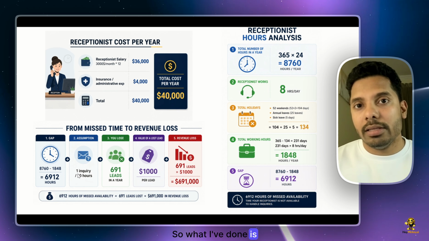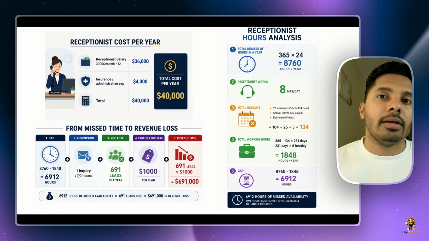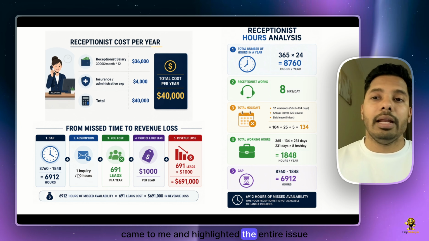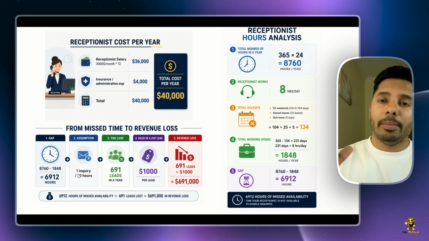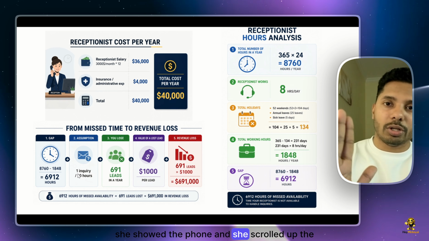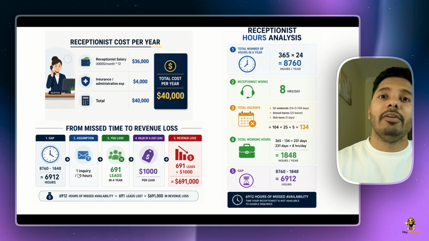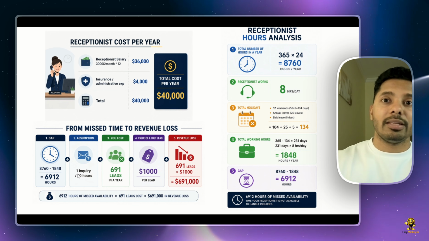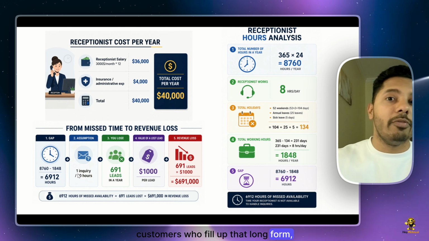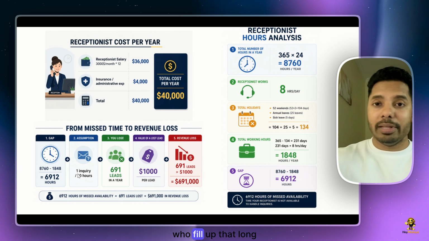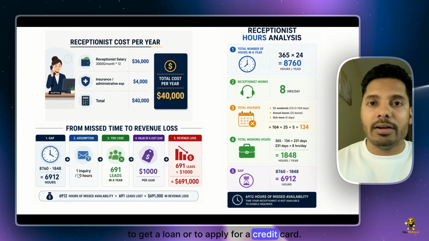So, what I've done is, recently one of the marketing managers of a bank came to me and highlighted the entire issue. She showed me her phone and scrolled up the notifications, and she highlighted that these are all the email notifications that come from customers who fill up that long intake form I mentioned earlier, to get a loan or to apply for a credit card.